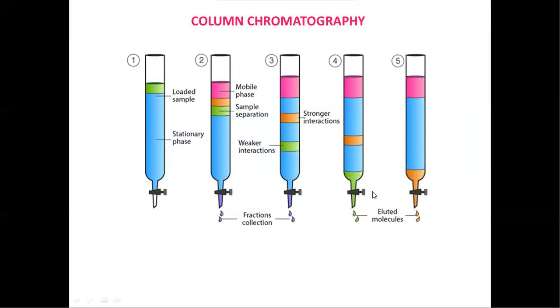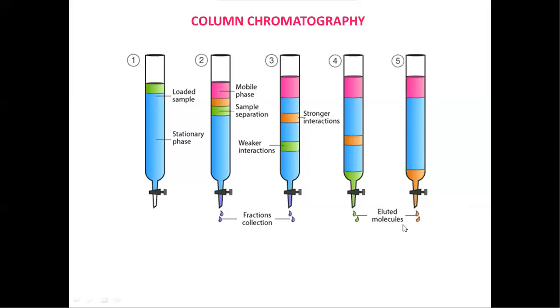So these are called first eluents, and these are called second eluents. Why? Because this green color has more relative affinity towards the mobile phase, so it is always trying to go with the mobile phase, and the orange color has more relative affinity towards the stationary phase. It is always trying to stay in the column. But we are using the mobile phase, so that's why it is also getting eluted.